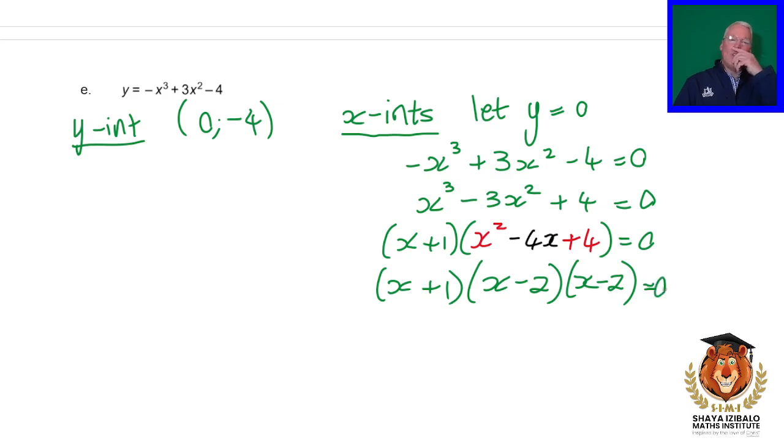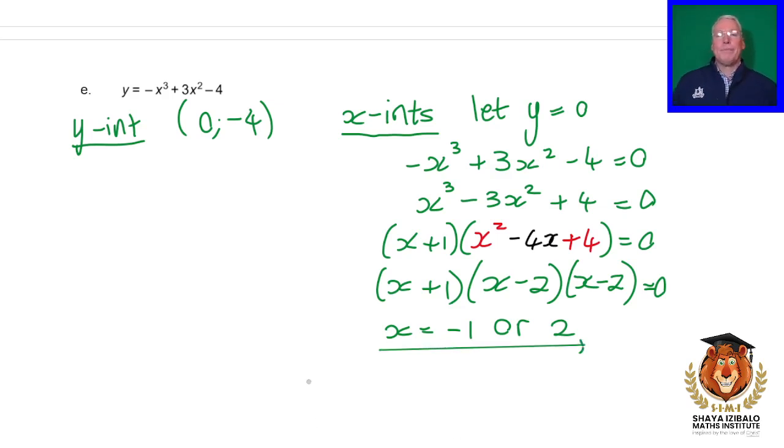Okay, and so there we go. x = -1 or 2. Right, now notice that 2 is actually kind of repeated. When that happens, the graph will actually turn on the axis. So just remember that. I'm just going to highlight that yellow because I want to come back and talk about it a bit later in this lesson.